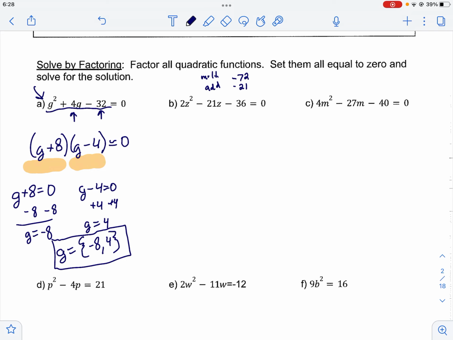And the same thing when you get to part C, we're looking for two numbers that multiply to negative 160 and add to negative 27.